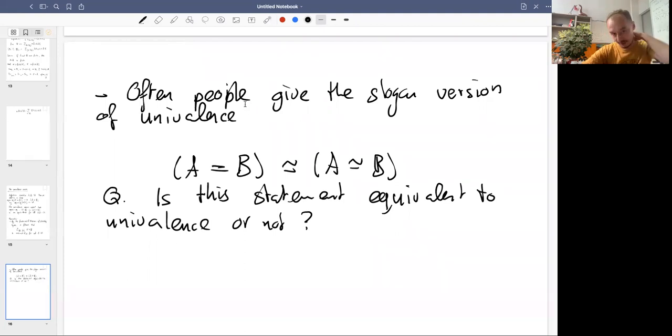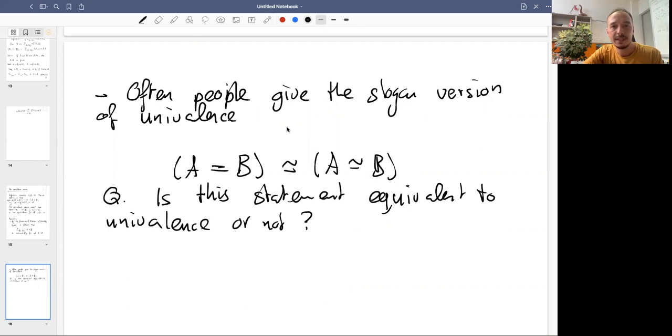Do people have opinions on this? It doesn't say that REFL goes to the identity equivalence, that's right. So perhaps it's not equivalent. I guess no, but yeah, right, it's hard to pin down.